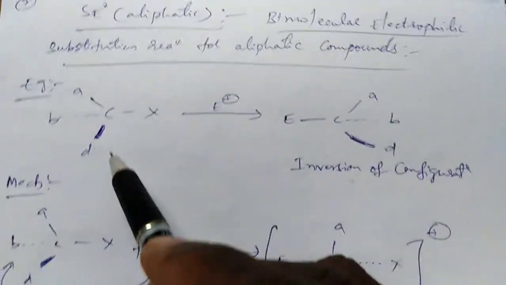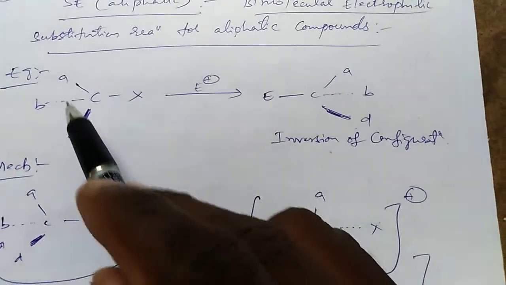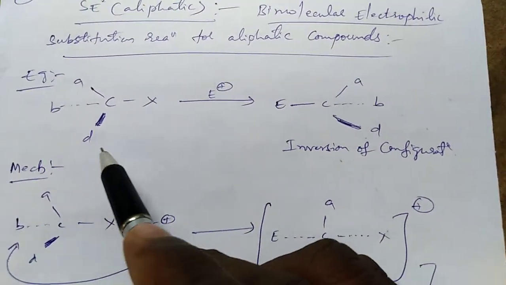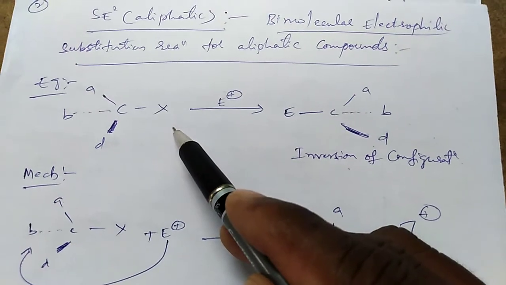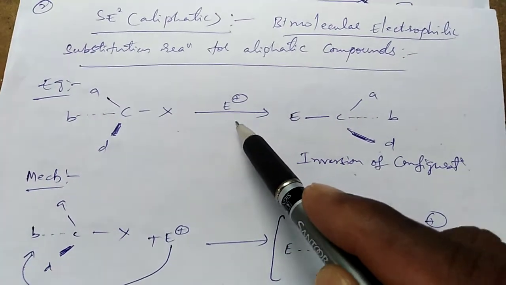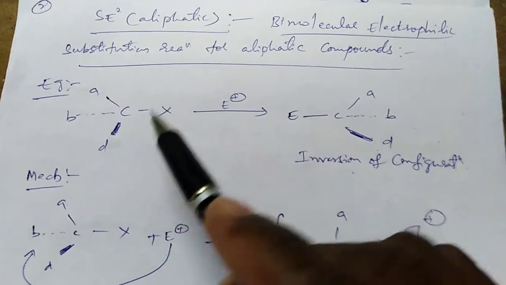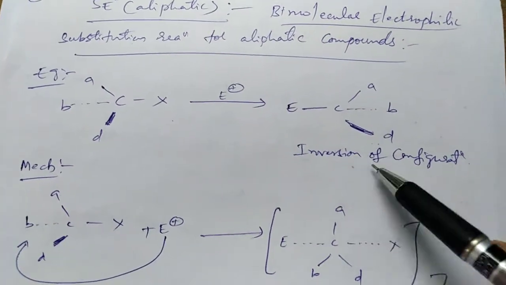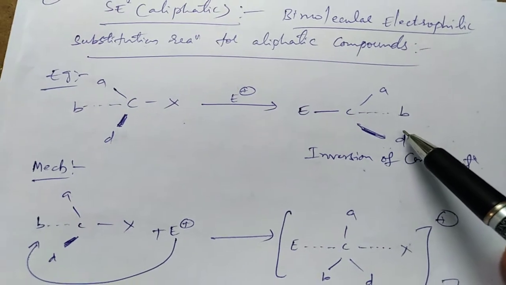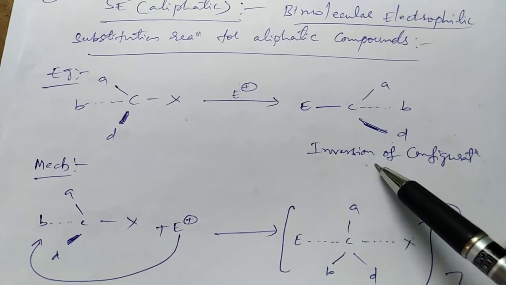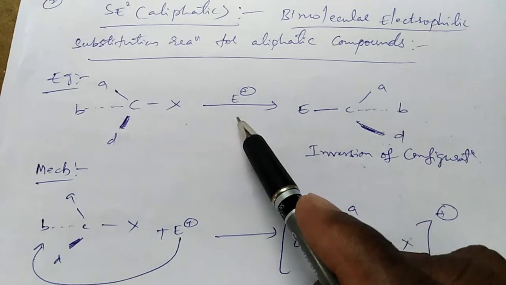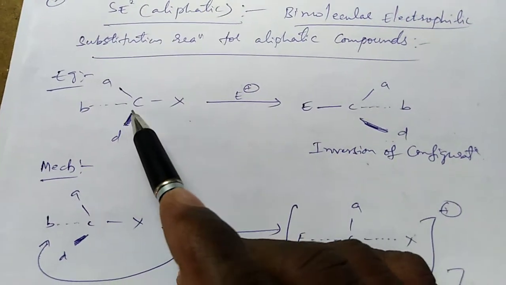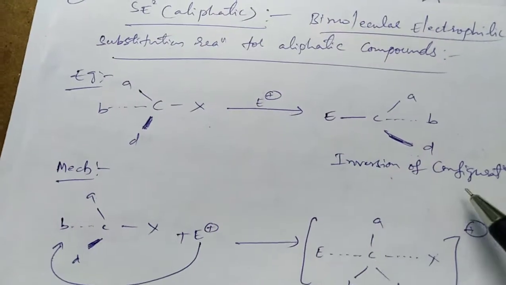Example is carbon having four different groups such as A, B, D and X, where the electrophile is attacking on this compound. It gives inversion of configuration. It means the electrophile is attacking on the back side of carbon, means inversion of configuration.